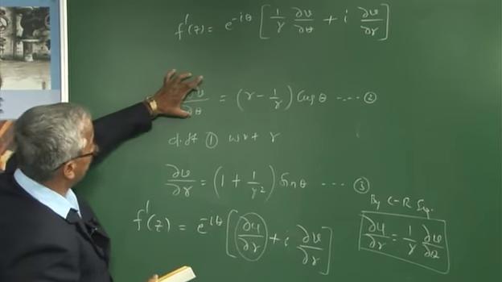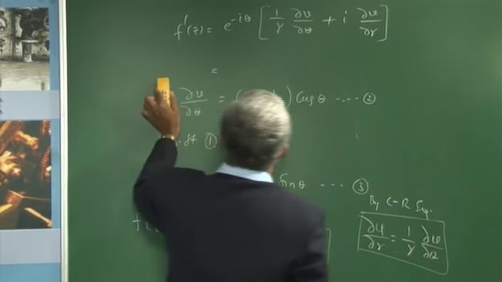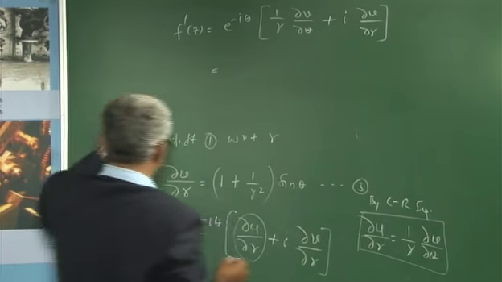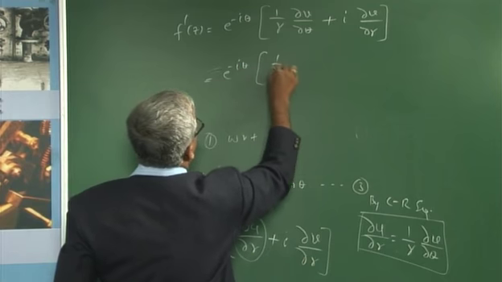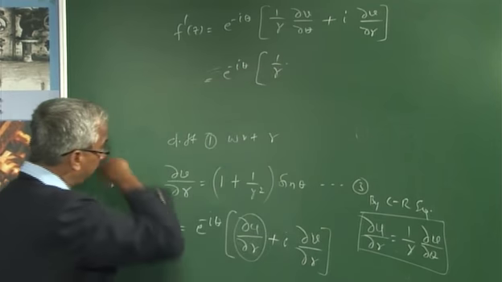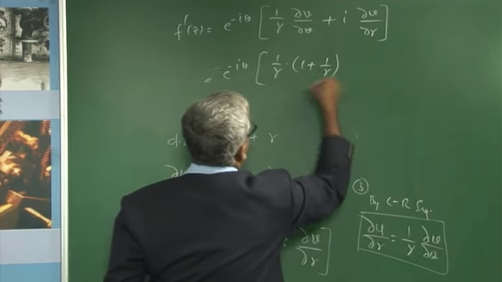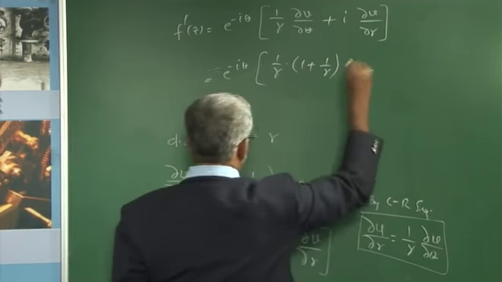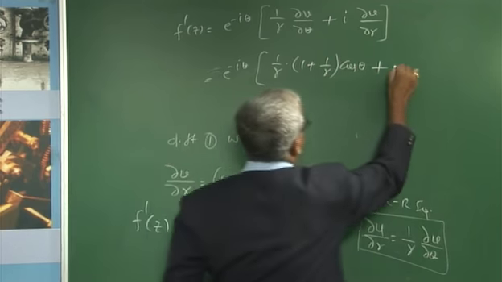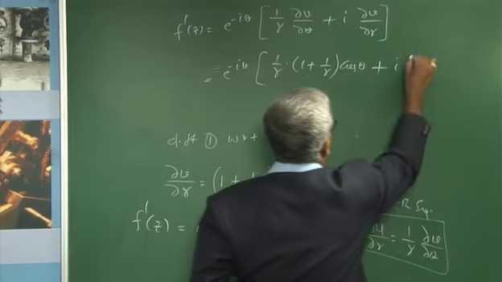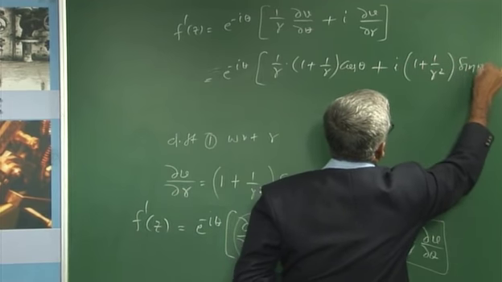Then use this ∂v/∂theta and ∂v/∂r in this formula, which gives e^(-iθ) times 1/r times ∂v/∂theta is (1 plus 1/r) cos theta plus i times (1 plus 1/r²) sin theta.